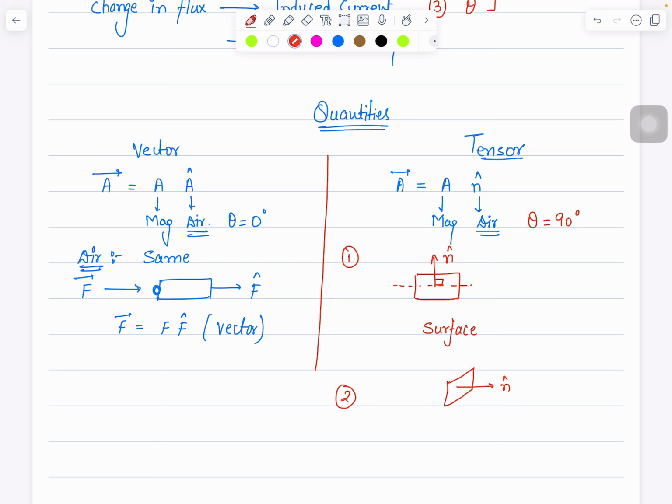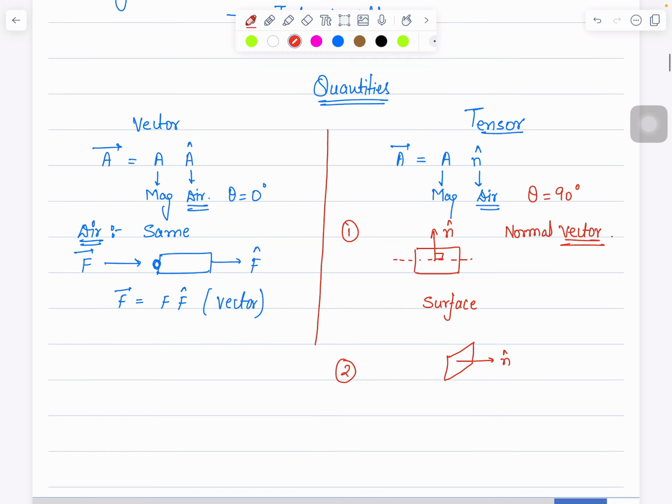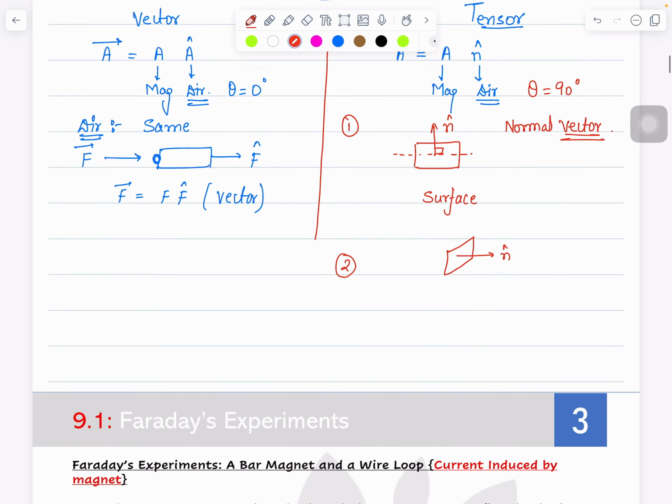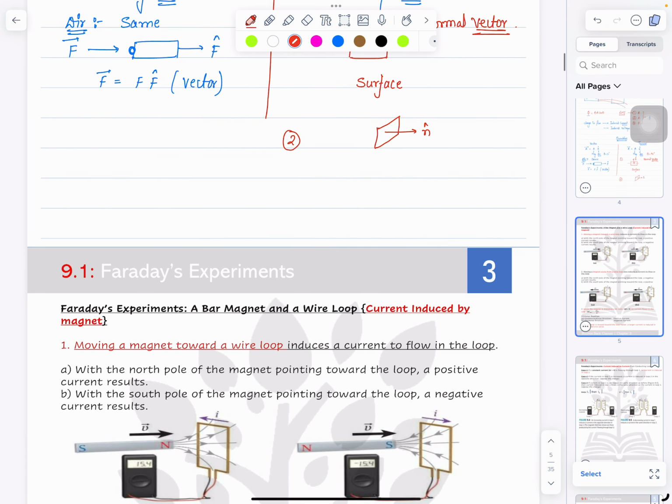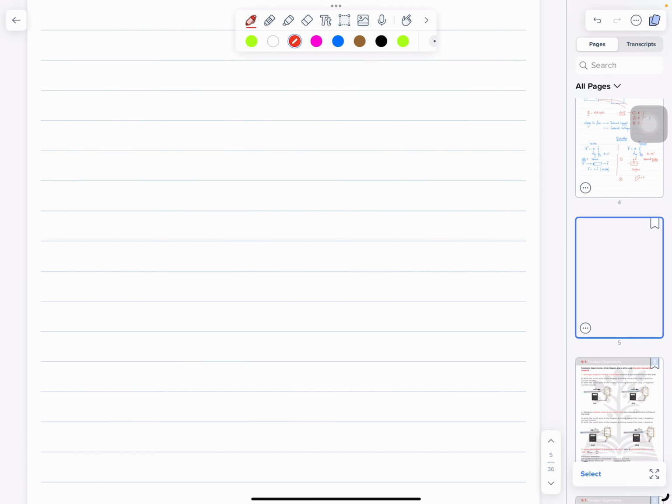Clear? So that's why n cap is called the normal vector. This is a tensor quantity which has the property of scalar as well as vector at one time.